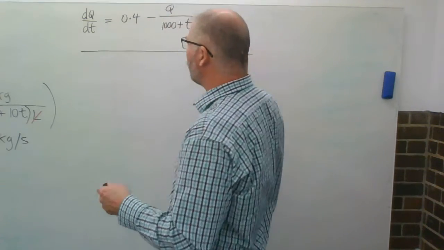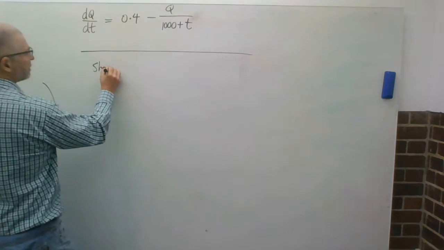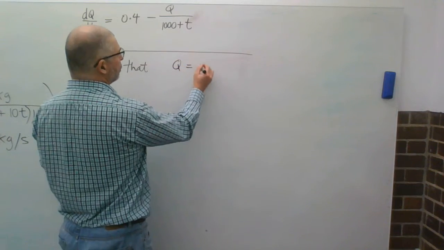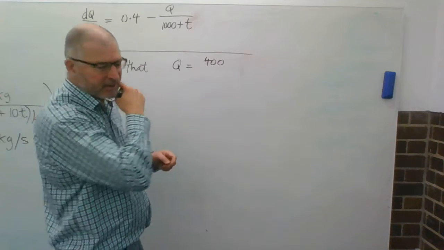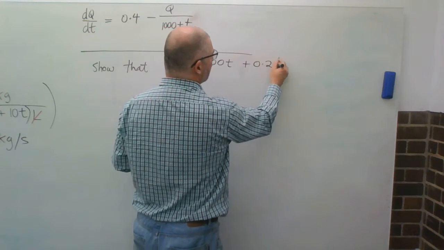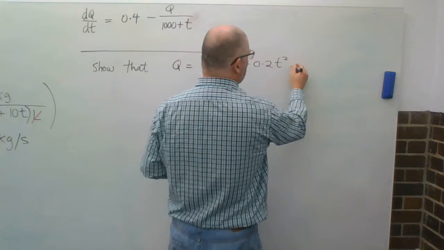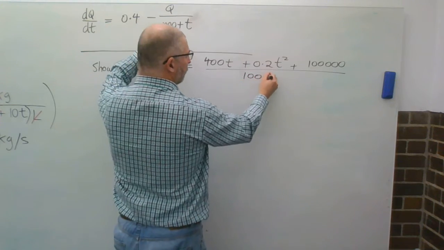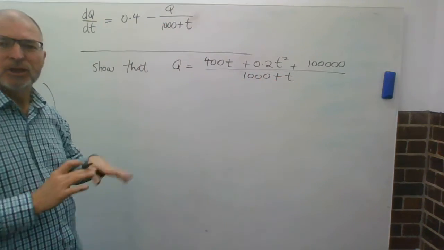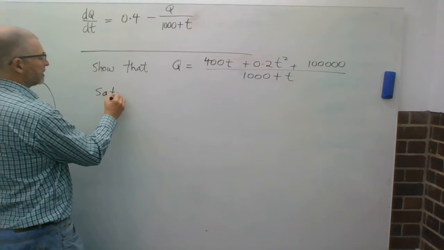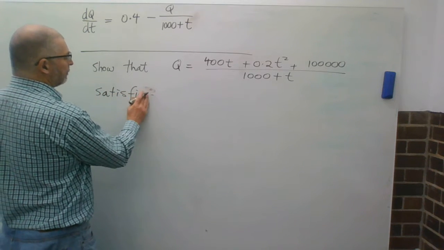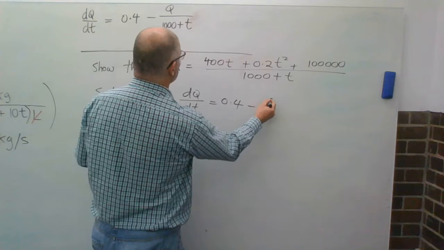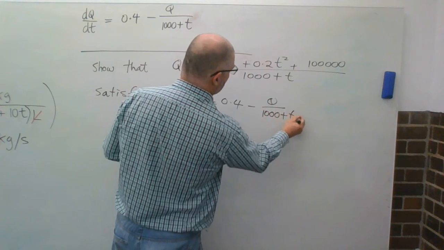For example, they would have to say something like, show that Q equals 400 T plus 0.2 T squared plus 100,000 on the integrating factor satisfies the differential equation dQ/dt equals 0.4 minus Q on 1,000 plus t.